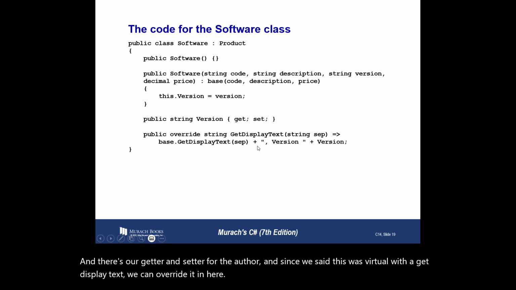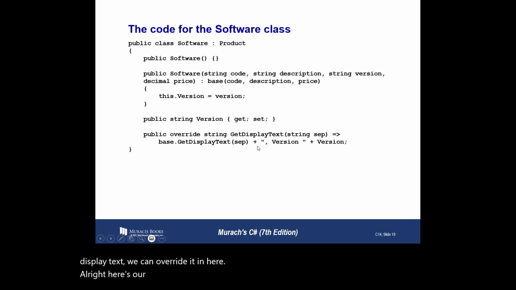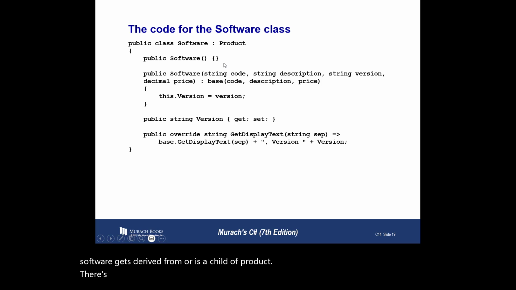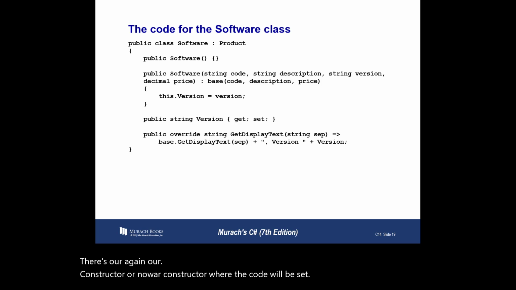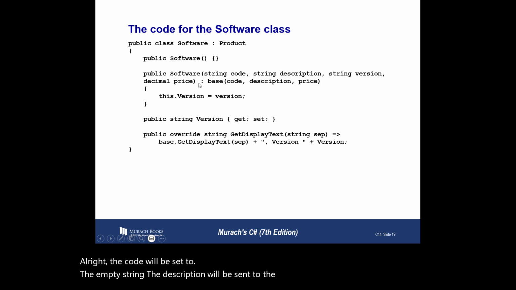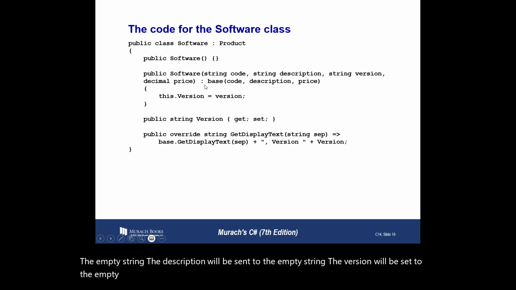All right. Here's our product, much the same way. So again, public class software, derived class software gets derived from or is a child of product. There's our no-argument constructor, where the code will be set to the empty string, the description will be set to the empty string, the version will be set to the empty string, and the price will be set to 0.